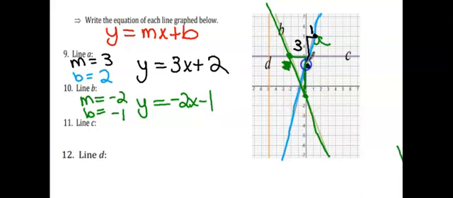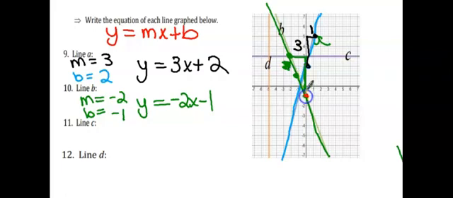I rose up and ran left. So I actually had 1, 2, 3, 4, and then over 2, so -4 over 2, which reduces to -2. I could also have used this point. Any points on the line you can use, and then you can reduce the slope.